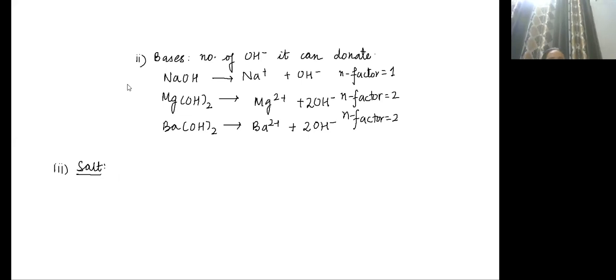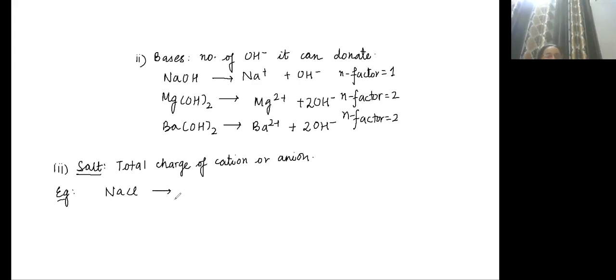Okay. So in case of salt, N factor is the total charge of cation or anion, but it will always be positive. Example, NaCl.